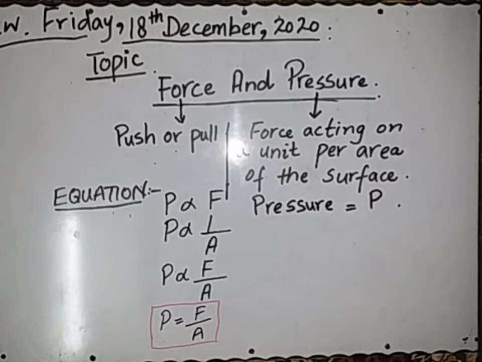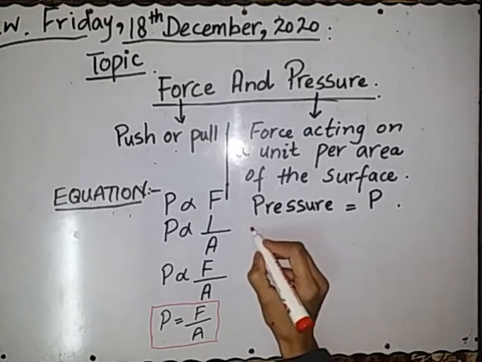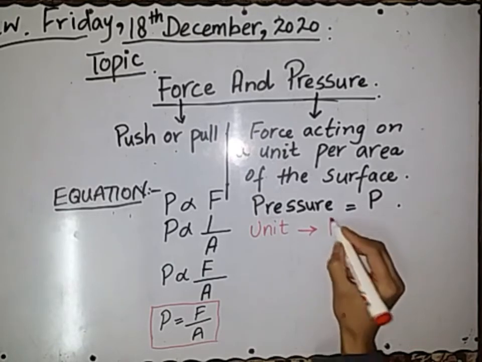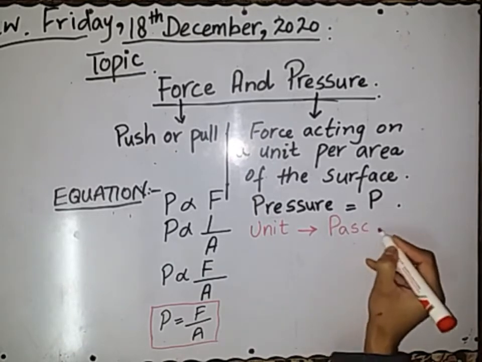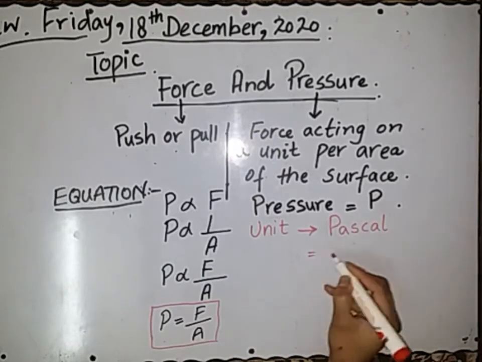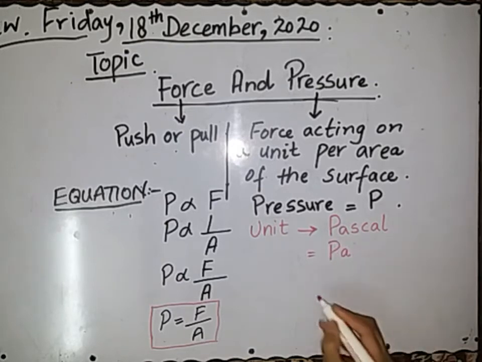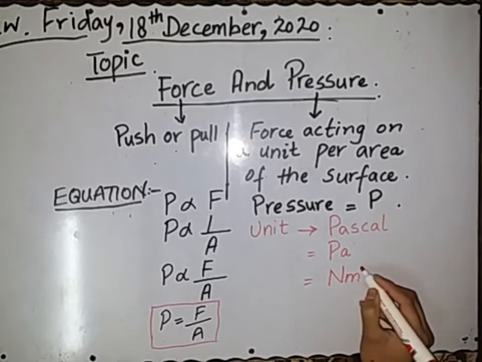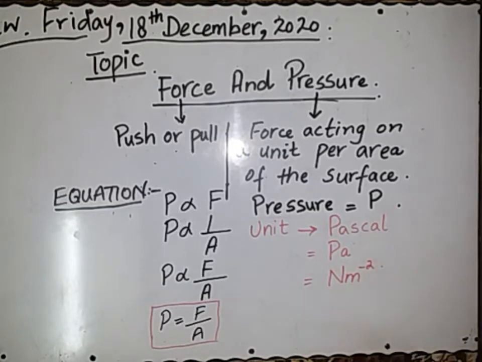The unit of pressure is the Pascal, which is denoted by Pa, and it is equal to Newton per square meter, N m to the power minus 2. So here is the unit of pressure and here is the formula of pressure.